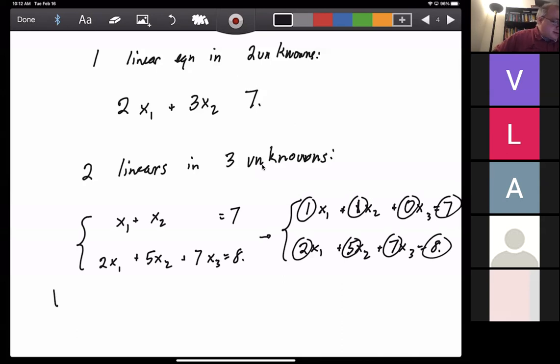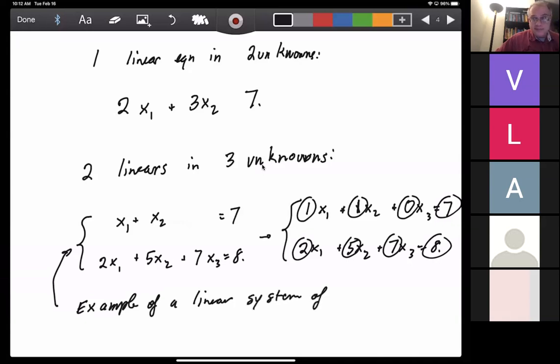And this second example we have here is an example of a linear system. This is my abbreviation for equations.